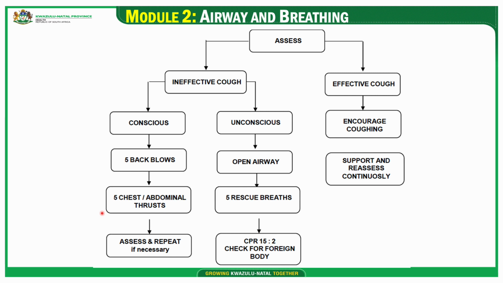We repeat this until either the obstruction is relieved or the patient loses consciousness. If the patient loses consciousness or is unconscious at the beginning, then we open the airway, we give 5 rescue breaths, and we proceed with the CPR protocol.